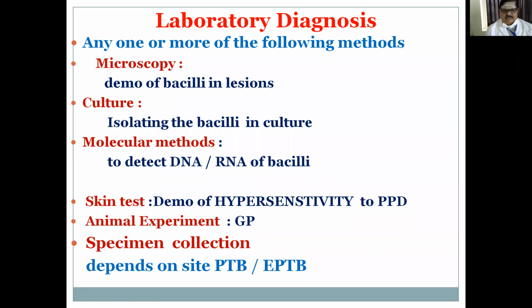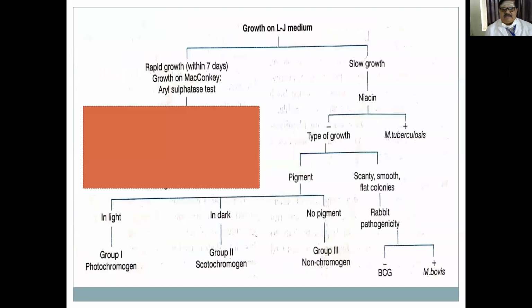So, how to collect the specimen? It depends on whether it is pulmonary tuberculosis or extrapulmonary tuberculosis. So coming to a sort of flow chart, purposefully I blocked the rapid growers.